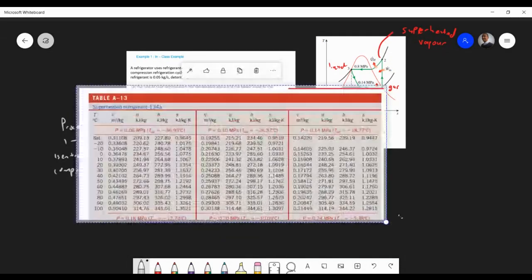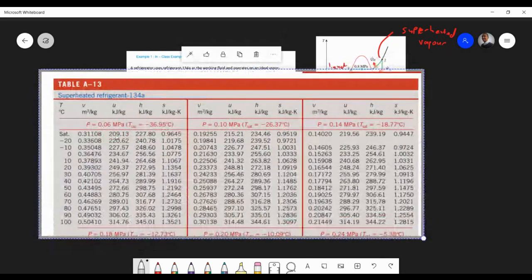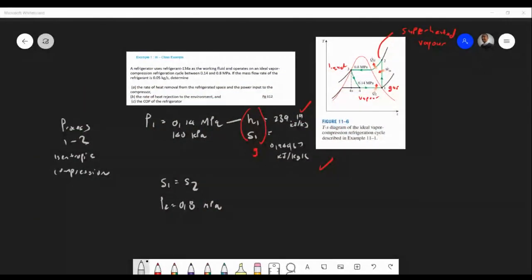With superheat, what's important to note is that it is coupled with both a pressure and a temperature. So what you need to do now is find the pressure of 0.8 megapascals in your table. So you're at table A13, and I'll copy my table now.